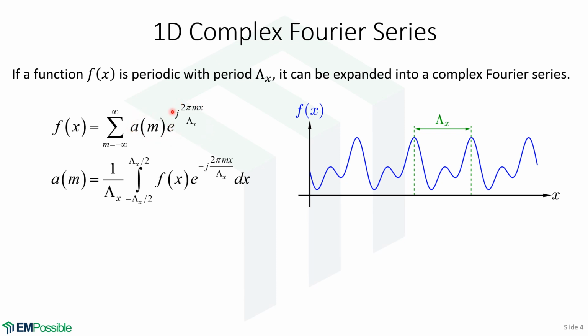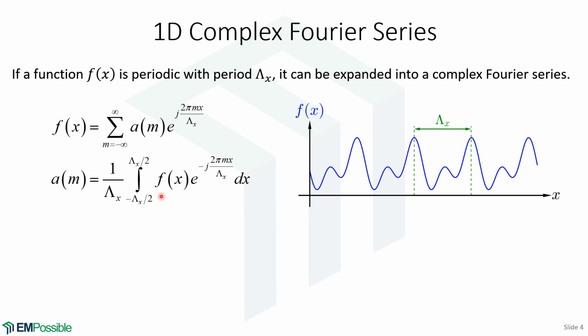These complex exponentials are just assumed to be known, and we multiply all of them by this magical set of amplitude coefficients such that when we add up all of these sines and cosines, we get our function back. So how do we calculate that amplitude function? Well, we have an integral down here. Here's how we calculate it.